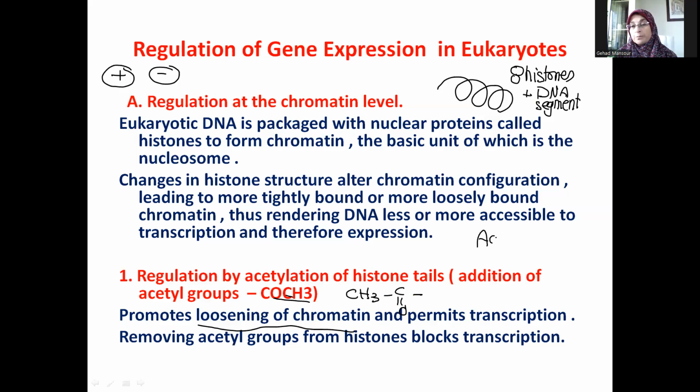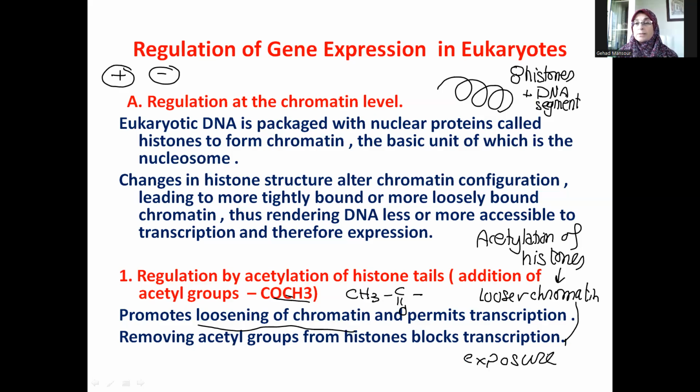So acetylation of histones gives looser chromatin, and looser chromatin allows exposure of the nitrogenous bases, and this allows for transcription and therefore continuation of the process of gene expression.